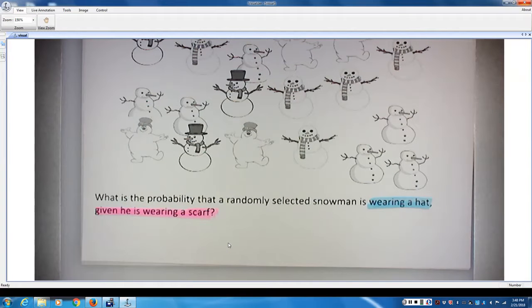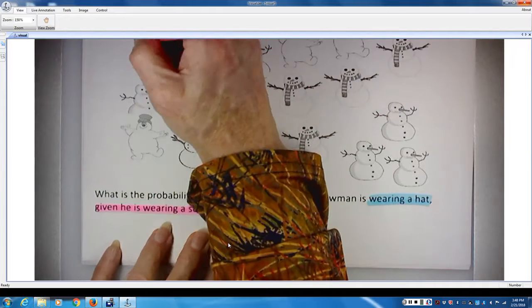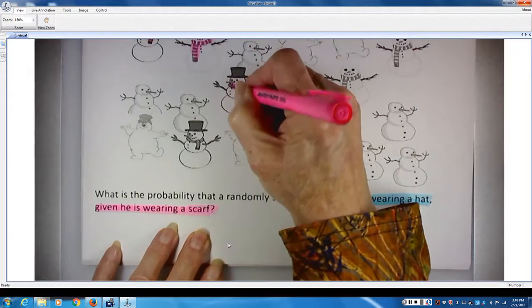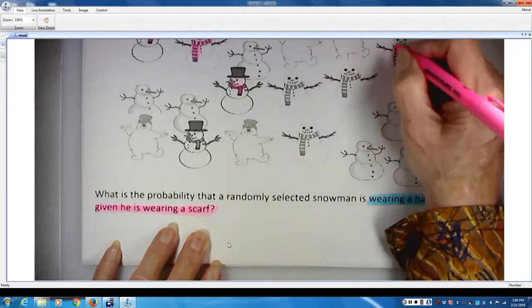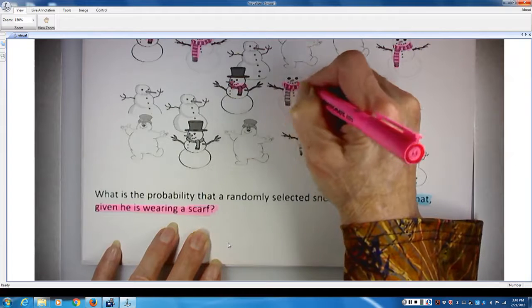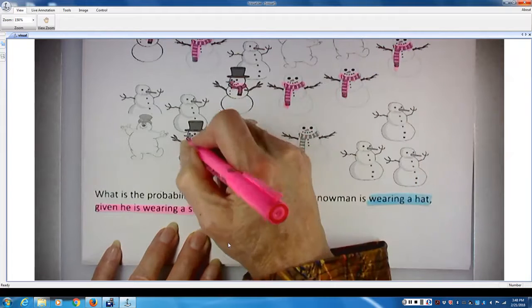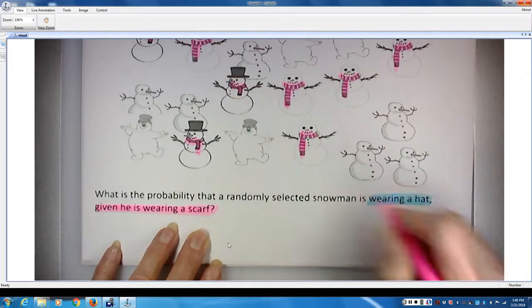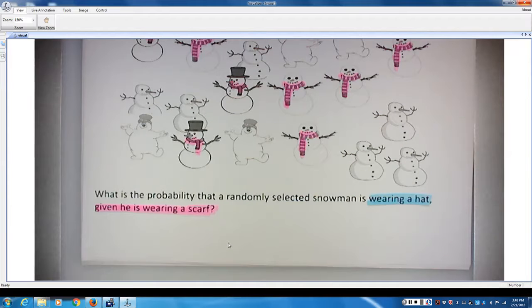First, I have to go and count all the ones that are wearing scarves, regardless of whether they're wearing hats. 1, 2, 3, 4, 5, 6, 7, 8 snowmen that have scarves. None of the others do.